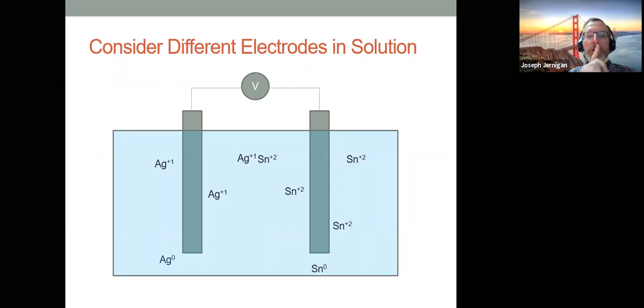That's one of the essential questions of this discussion, is how do you calculate those voltages? We're going to do that. We've got a table that's going to really help us a lot.